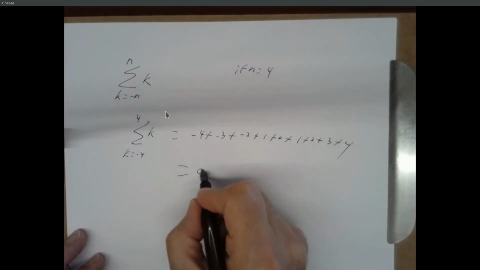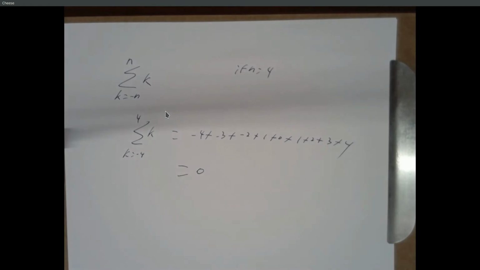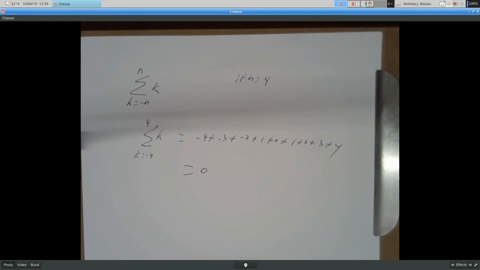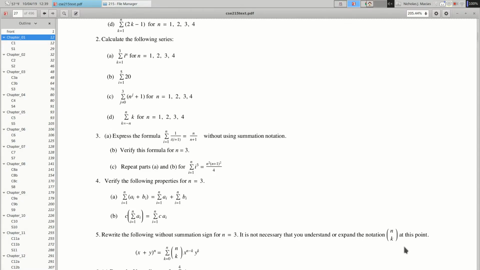Alright, and all of that's just going to be a 0. And it doesn't matter what n is, that's always going to end up being a 0. So that's playing around with summations and working with the definition.